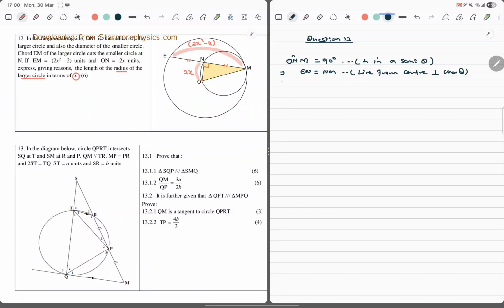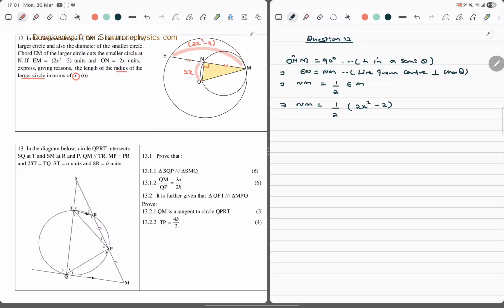Alright, so this further implies that basically NM is going to be equal to a half of EM, which implies that our NM is going to be a half of 2x squared minus 2.